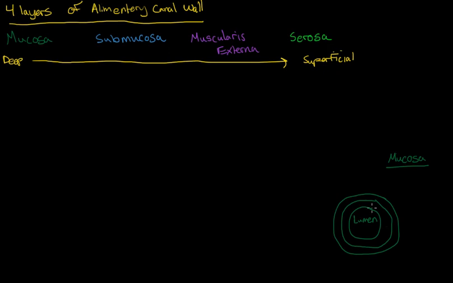So first off, the layer that's right surrounding the lumen is going to be epithelium. And specifically, it's going to be simple columnar epithelium.